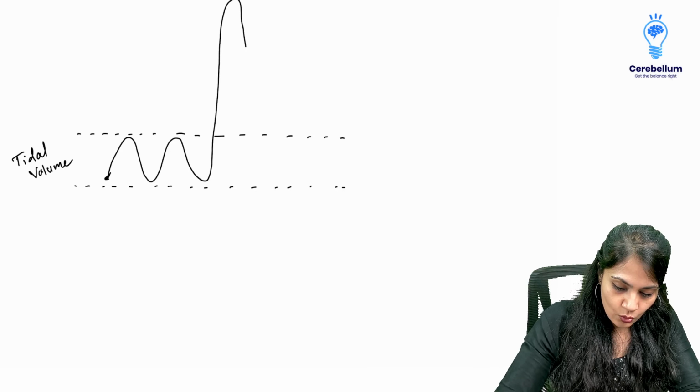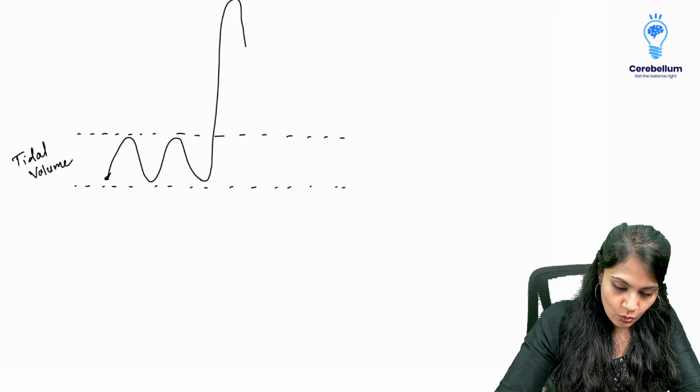What is IRV? IRV is inspiratory reserve volume. Usually it is 2 to 3 liters. It is the extra amount of air inhaled or inspired during forceful inspiration.